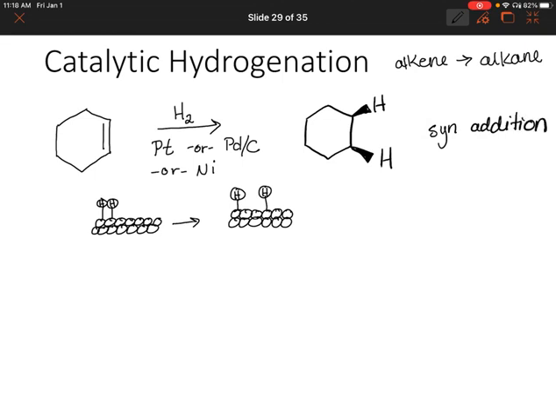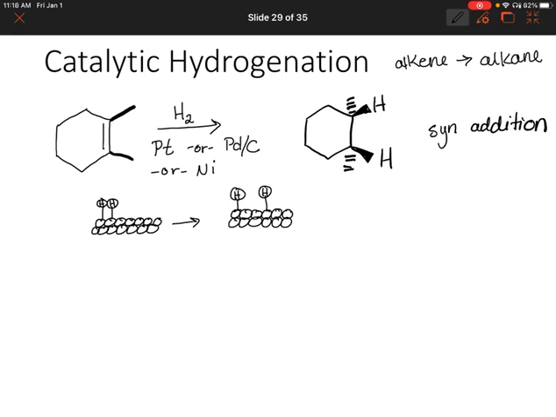So you can imagine if other groups are bonded to that double bond, they would end up syn to each other as well. So what if we had two methyl groups there on the double bond? They would just be back here. So they'd be syn to each other as well.